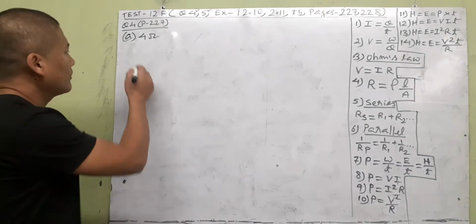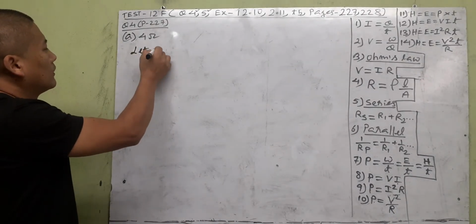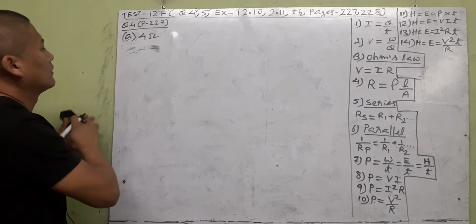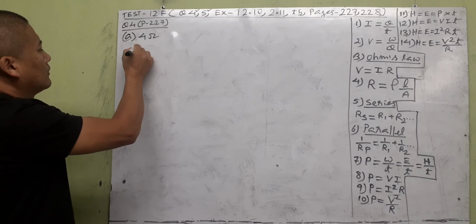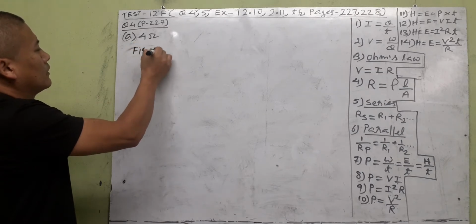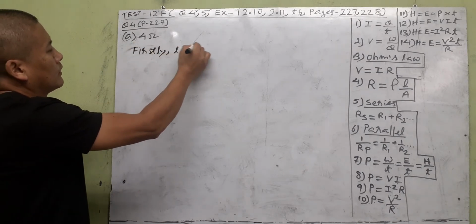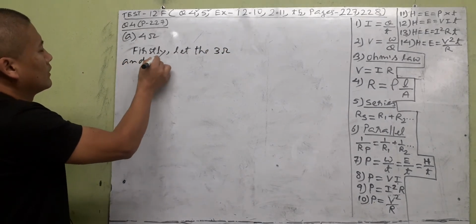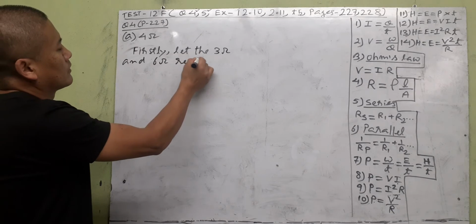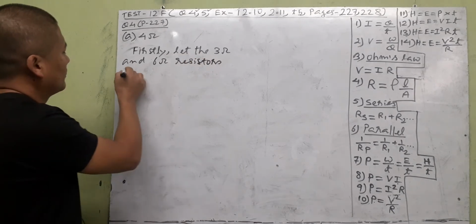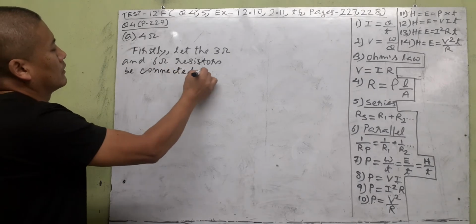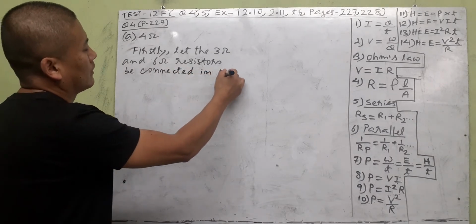So let's do like this. Firstly, let the 3 ohm and 6 ohm resistors be connected in parallel.